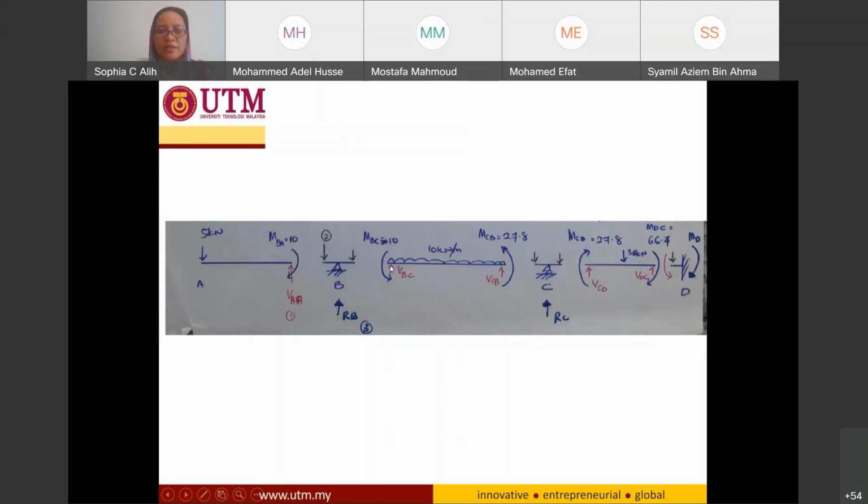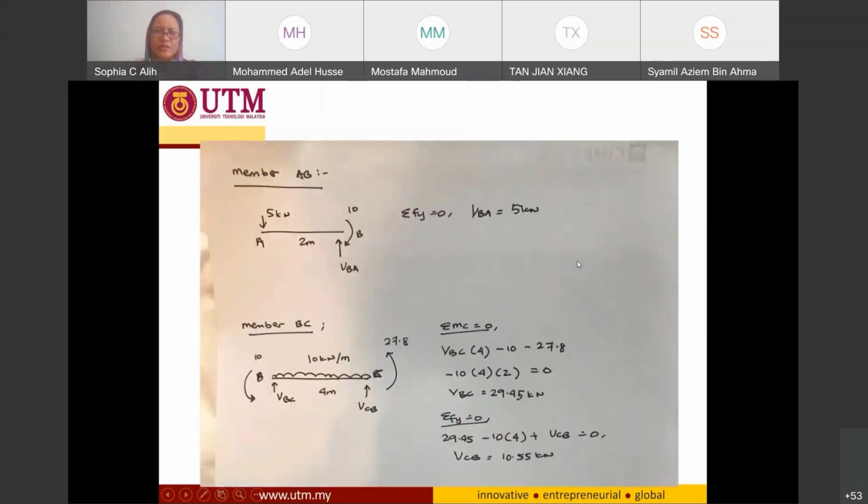Once I got the reaction VCB, the VBC for example, the similar value will come on this end with different direction. Then after I have both reactions, I can get my support reaction over here. Okay. So let us see, it's not something new.